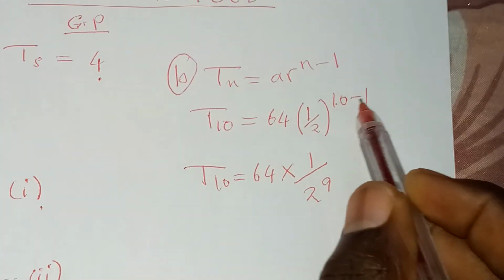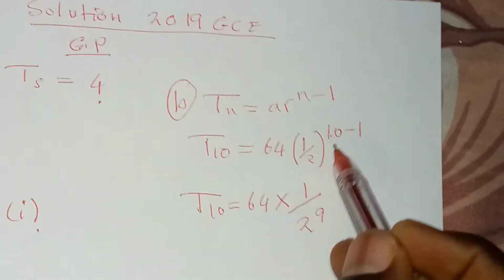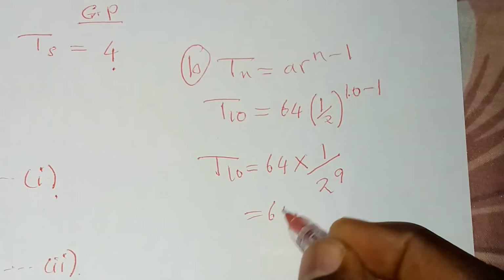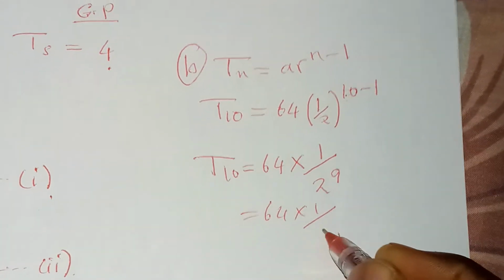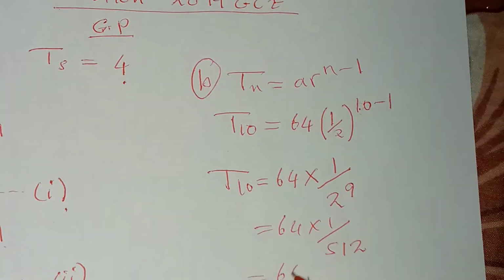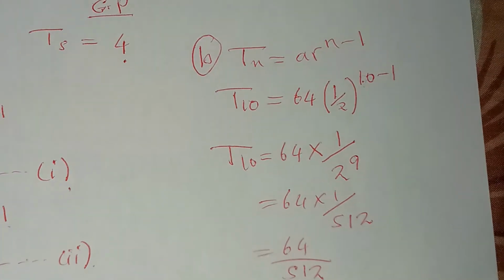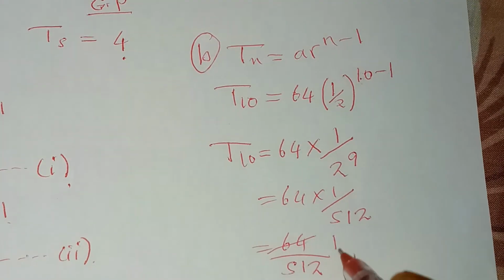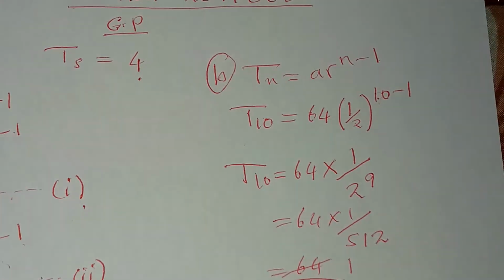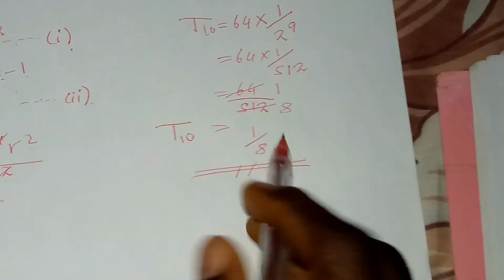Here, 10 minus 1 gives us 9. 1 to the power 9 is just 1, and 2 to the power 9 is 512. So this will give us 64 times 1 over 512, then this is 64 over 512. Finally, when we reduce, 64 there is 1, 512 there is 8. This will give us 1 over 8 as the 10th term. So that is the answer for the 10th term.